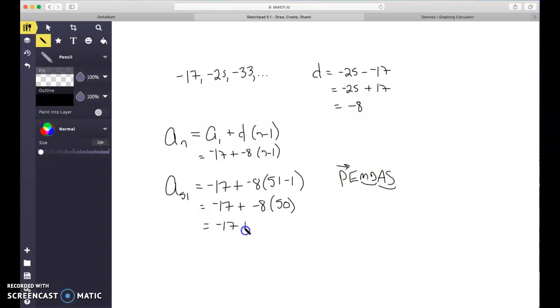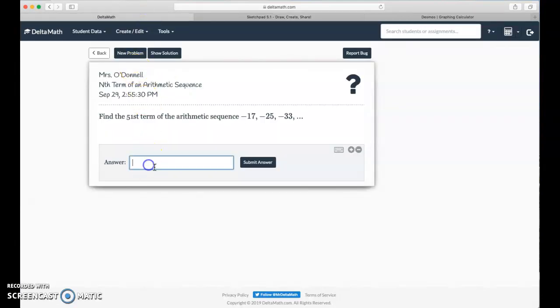So -8 times 50 gives me -400. And then my last step is just adding -17 plus -400, which gives me -417. And let's hop back over to Delta Math.